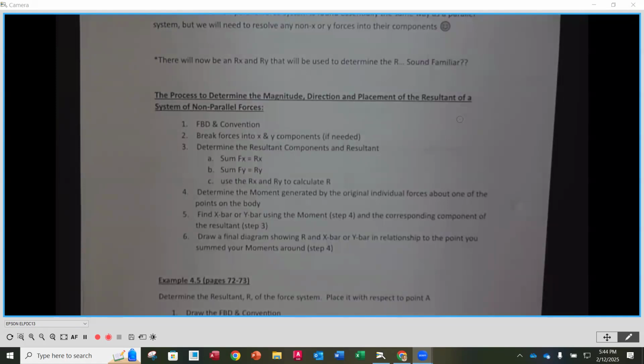And it's going to just depend on the line that we are going to be determining the position on. And that'll make more sense when we do some problems here. And then we are always going to draw a final diagram to show the resultant and the X bar or the Y bar in relationship to the point that you summed your moments around in step number 4. So this last step lets me know that the answers that you've gotten, that you understand what they mean. Okay, so that gives me a graphical picture of that.